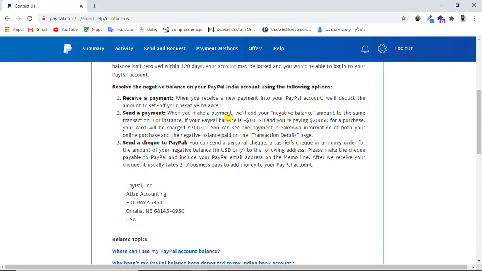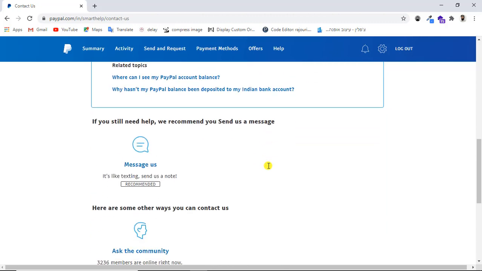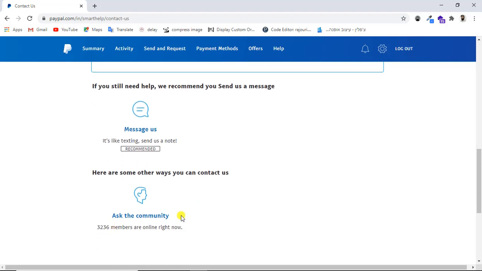You should also go through all the things so that you get an idea of the reason for this negative amount. Once you have gone through them and you think there is no solution for you, you will get two options over here: Ask the Community and Message PayPal.